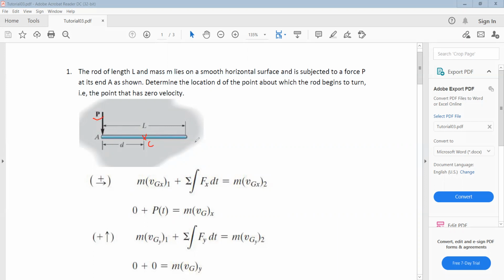At this moment, we can write the impulse momentum equation.